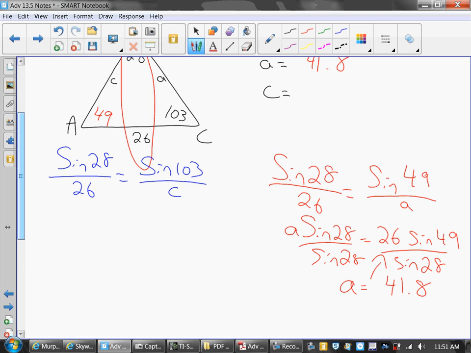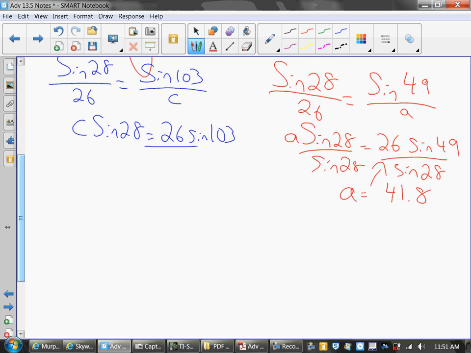You might start to see some of the shortcuts that will occur, but I'll rewrite it out again. C sine 28 is 26 sine 103. And then just divide out. C is going to equal all that.